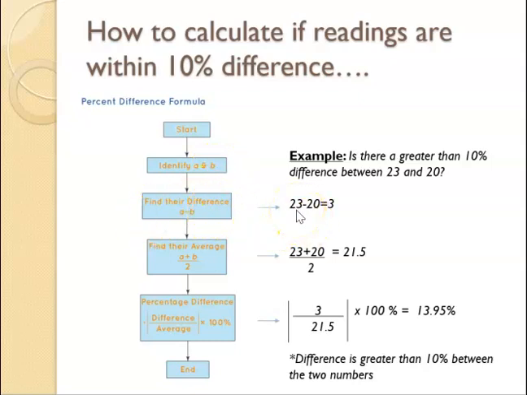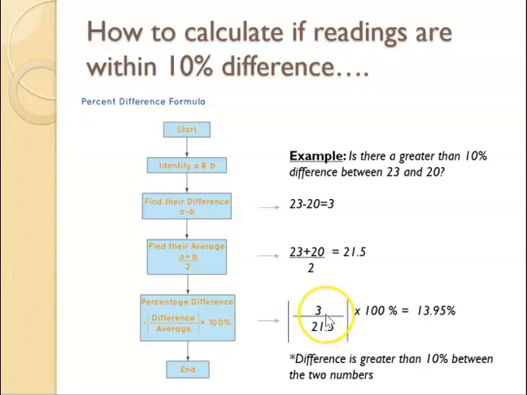So let's say you counted on one grid square, there was 23 cells counted. On the second grid square, there was 20 counted. So the difference between 23 and 20 is 3. You're going to find their average. So you're going to do 23 plus 20 and divide by 2. So you have an average of 21.1.